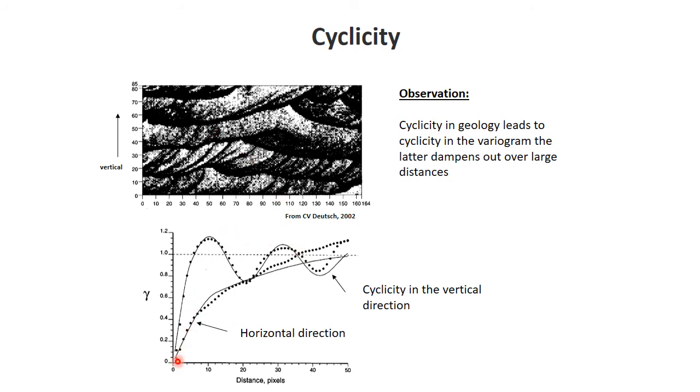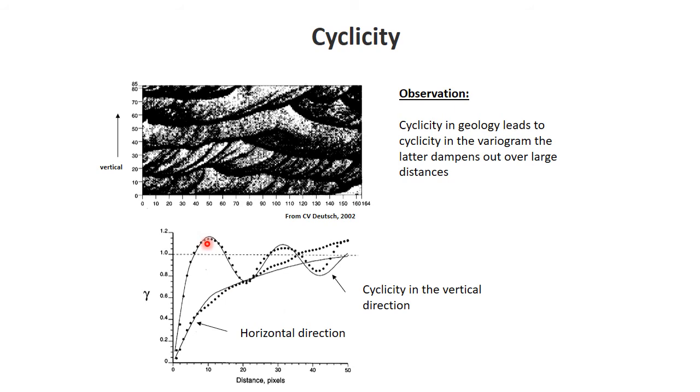It means the dissimilarity increases, but at some point when you go into a cycle, then again you get correlation, which has to do with the fact that these beds correlate well with each other. That leads to a drop in the variogram, and that may have many periods. So cyclicity shows up as this wobbling of the variogram function.